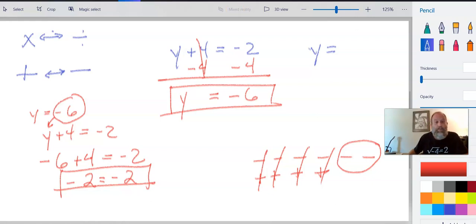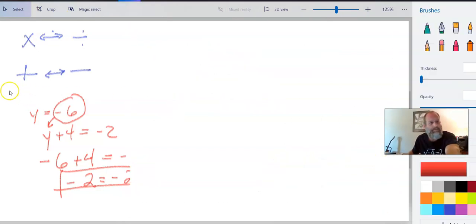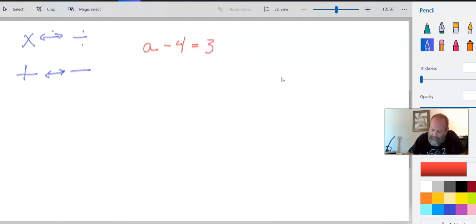So, real quick here, I'm going to give you one to try. Actually, I'll give you 2 to try. So let's do our first one: a minus 4 is equal to 3. So there's our first one.